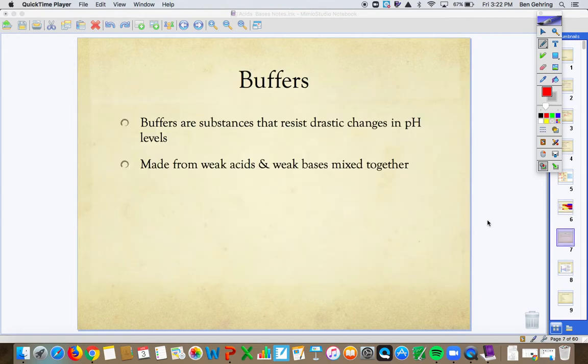To prevent large, drastic changes in pH, we use what are called buffers. Buffers are substances that resist these drastic changes in pH levels. Our body uses a lot of buffers, nature uses a lot of buffers, that prevent these drastic changes. They are made from weak acids bonded to weak bases.